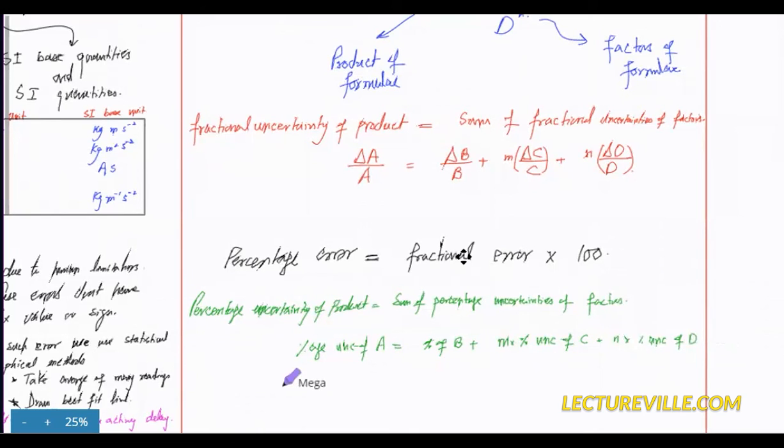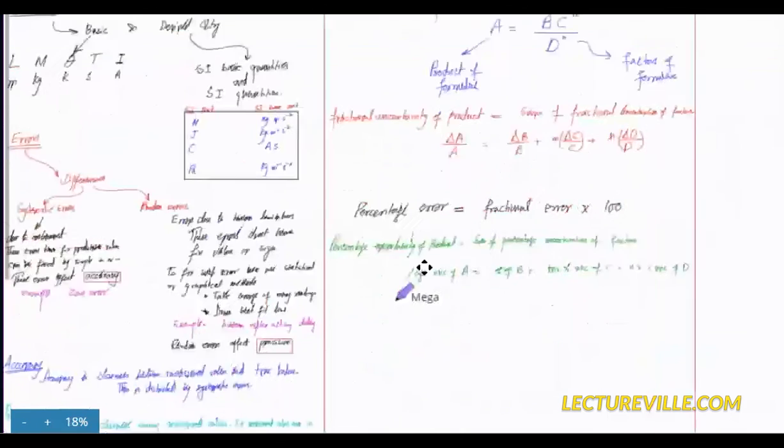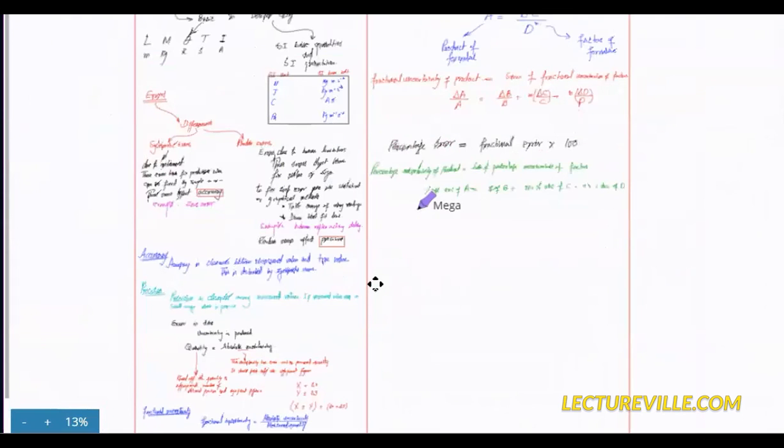Once we calculate the percentage uncertainty, we can use that to find the absolute uncertainty of the quantity as well.